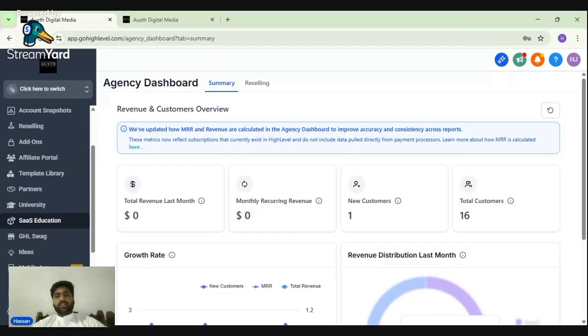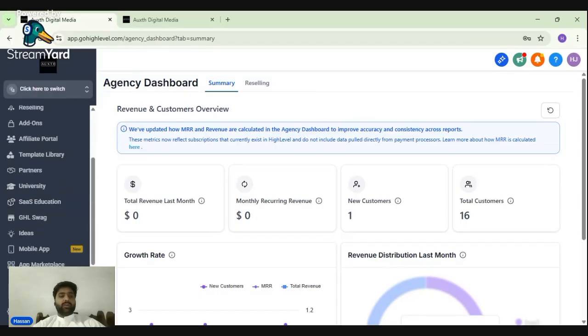So first of all, how to create a white label? White label means that you remove the GoHighLevel label and you add your own logo and your own domain on your GHL. As you can see, I have my logo here, and all my sub accounts contain the domain auxth.com.